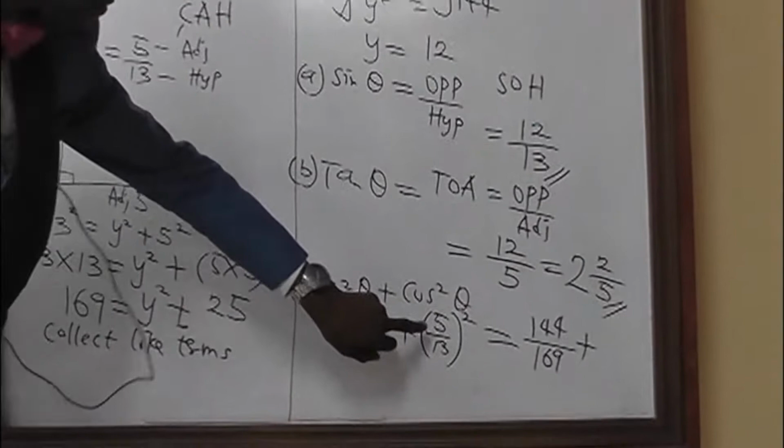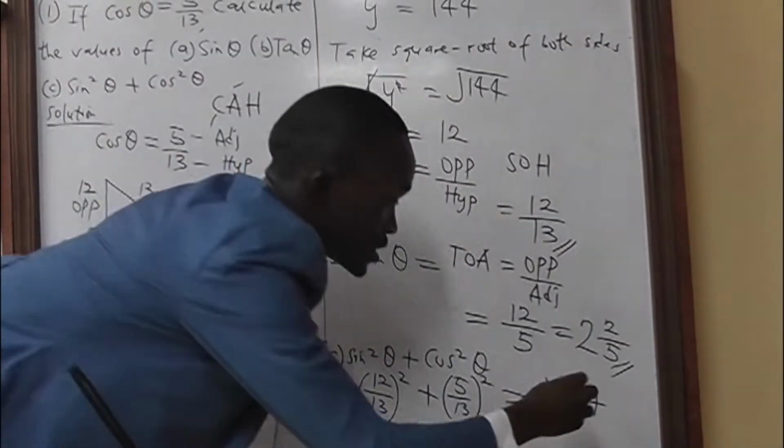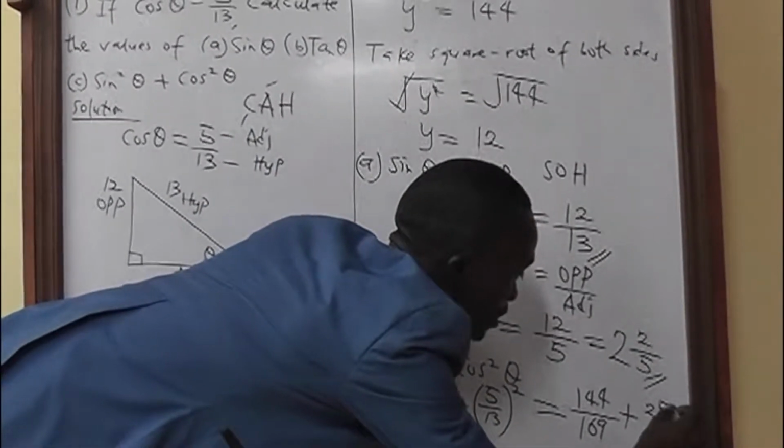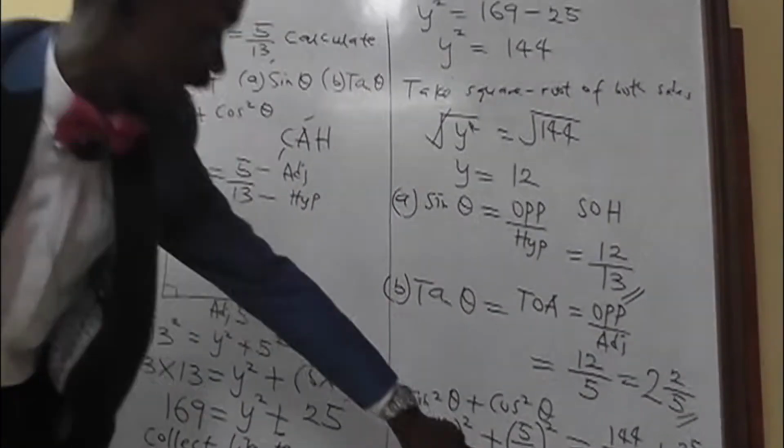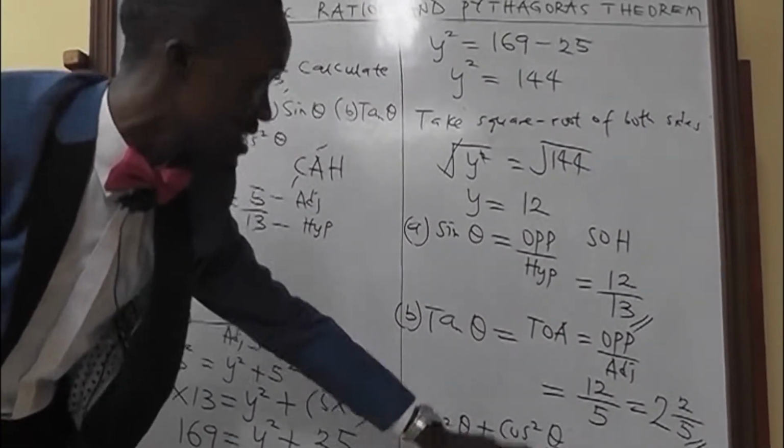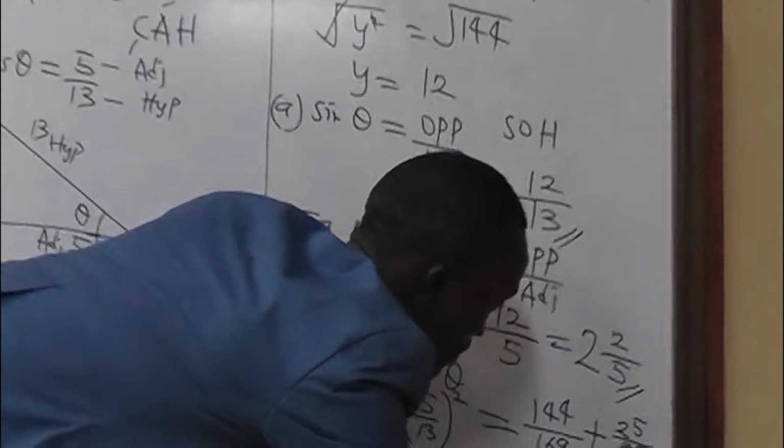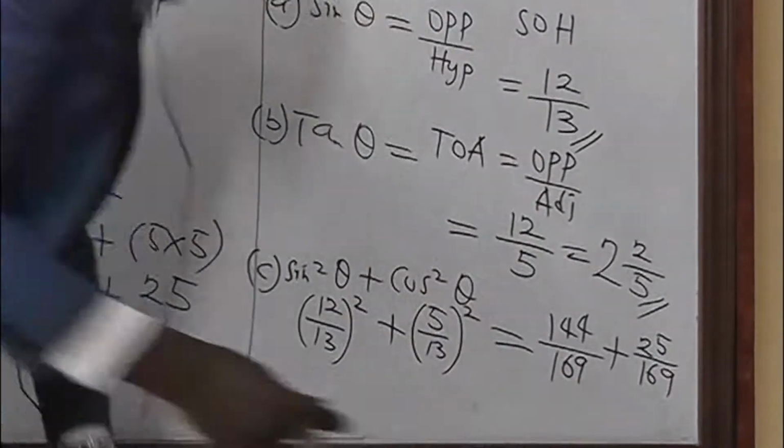Plus 5 raised to power 2 is 5 multiplied by 5, which gives us 25, and 13 raised to power 2 is 13 multiplied by 13, which is also 169.